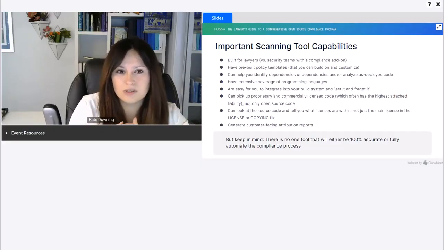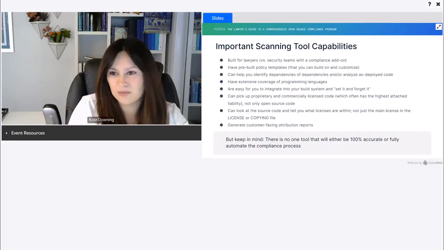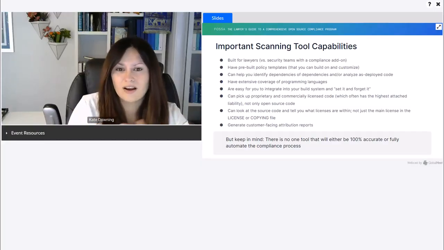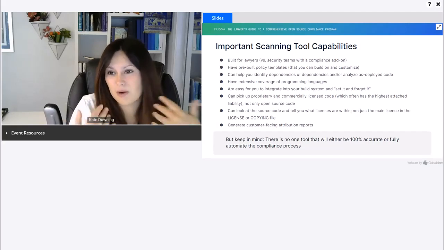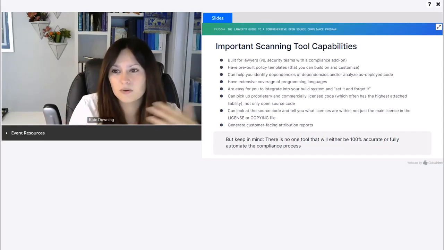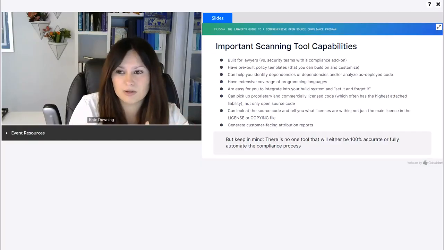They'll do some sort of scanning and provide an output, but there's no UI to work with, and the only way to get that output is for a lawyer to call up an engineer and say, run this thing, right? From my perspective, that's not where lawyers and compliance people want to be. You really want to be able to just log in at any time and see what's happening, and be on top of it, and not have to call somebody to ask for something.